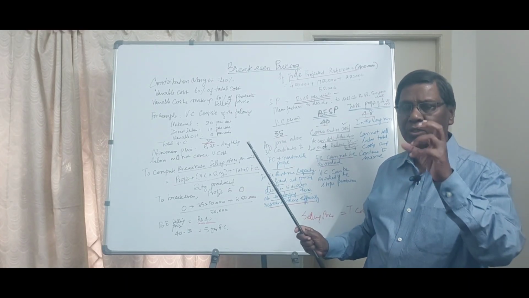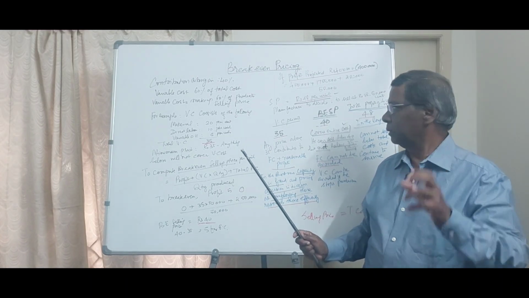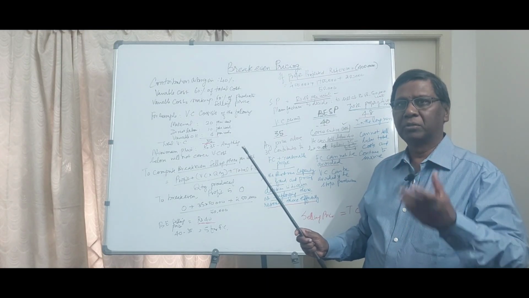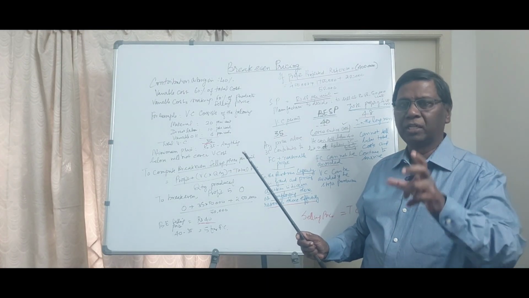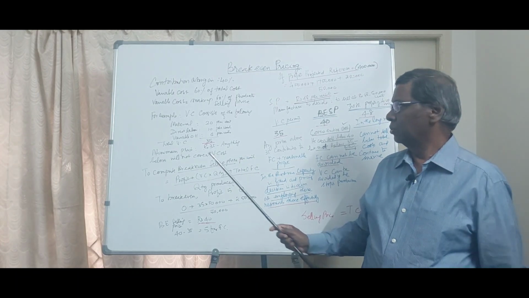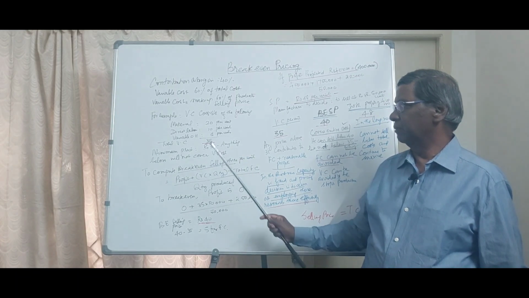For producing 1 unit, you have to spend 35 rupees. It may be any product, whatever you manufacture, it's a variable cost of rupees 35 per unit. So minimum price is rupees 35.